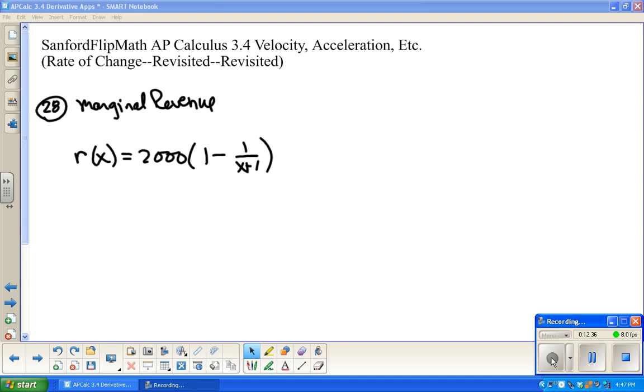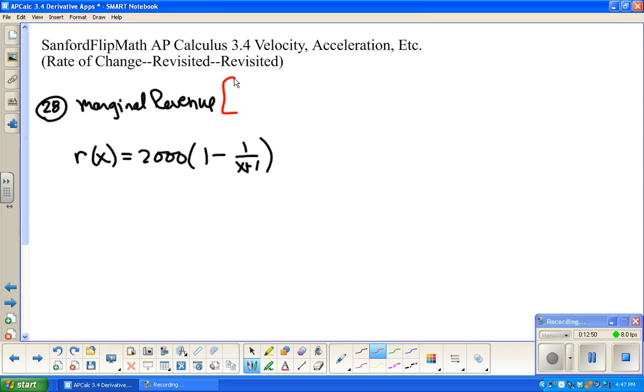One other idea that I want to talk about, and there are a couple of economics applications that are dealt with in this section, and it has to do with marginal cost and marginal revenue. The basic idea of marginal revenue is it's kind of like a revenue per item idea.